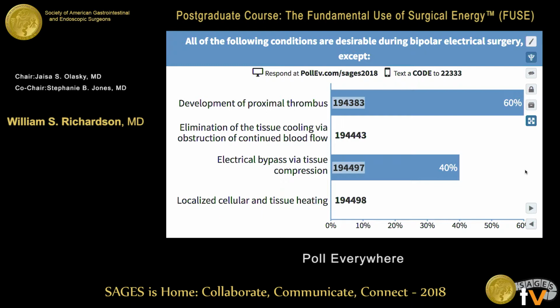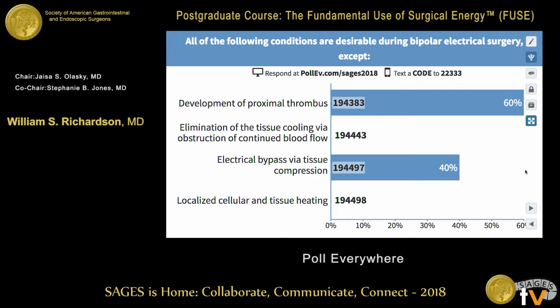Certainly you do develop a proximal thrombus, but the problem is that if the electrodes of the bipolar are too close together, you get an electrical bypass, and it's not actually going through the tissue anymore to cause the coagulum to form.